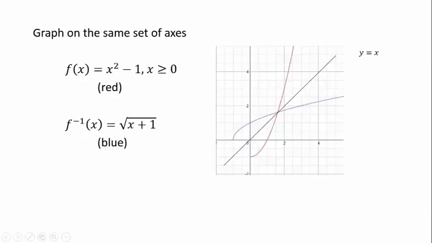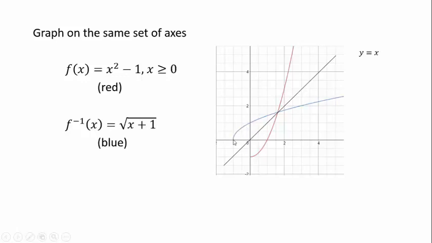Okay, so now let's get back to graphing. What I did is I put the original function f of x, which is in red, and the inverse function, f inverse of x, in blue. Remember what I said about not wanting a plus or minus in front of the square root for the inverse. Here we have our square root of x plus 1.